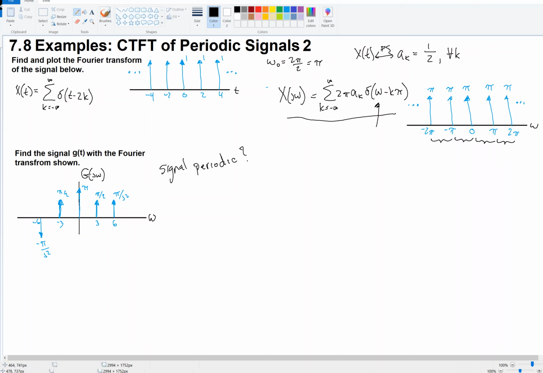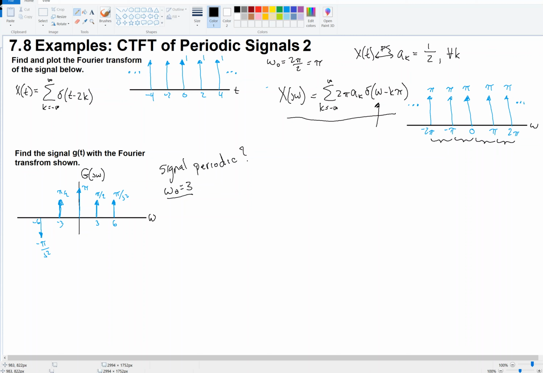So let's look at our Fourier transform, capital G. Is this a transform that has impulses that are regularly spaced? Yes. It has many impulses and they're all separated by 3 units. So we can deduce that omega 0 is 3 because that's the spacing.